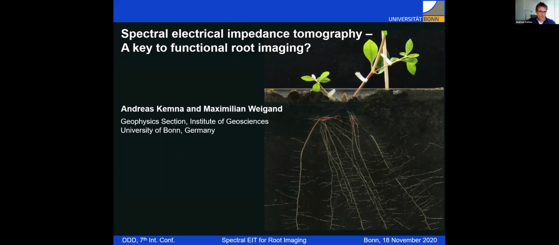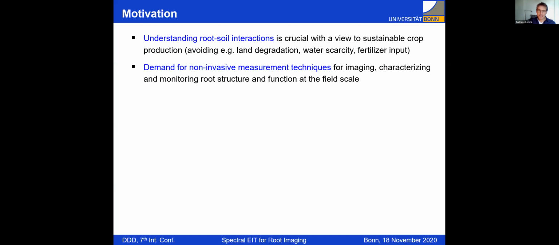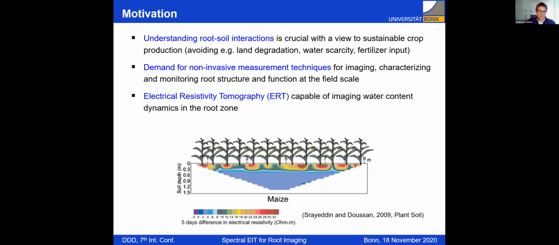First, I would like to acknowledge my collaborator on this topic, Maximilian Weigand. It's basically the two of us who, in different projects over the last years, worked on this field in Bonn. Now, I can go quickly through the motivation because from what we just heard, there is a demand for non-invasive imaging information on the soil root system.